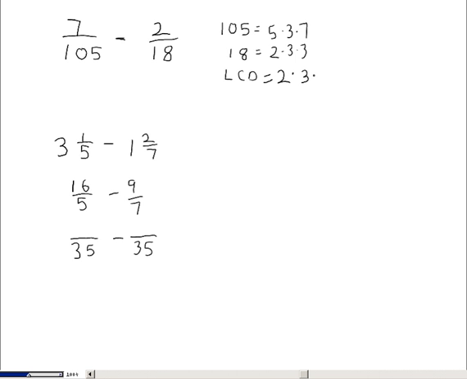So we need 2 3's. Let's go to 5's. There's 1 5 up here, no 5 down there. So the most amount of 5's is 1 5. So we need 1 5. And the same thing is true with 7's. We have 1 7 in that row, no 7's in this row, so 1 7 is the most amount of 7's in any one row. So the lowest common denominator is this big number when we multiply this whole thing together.